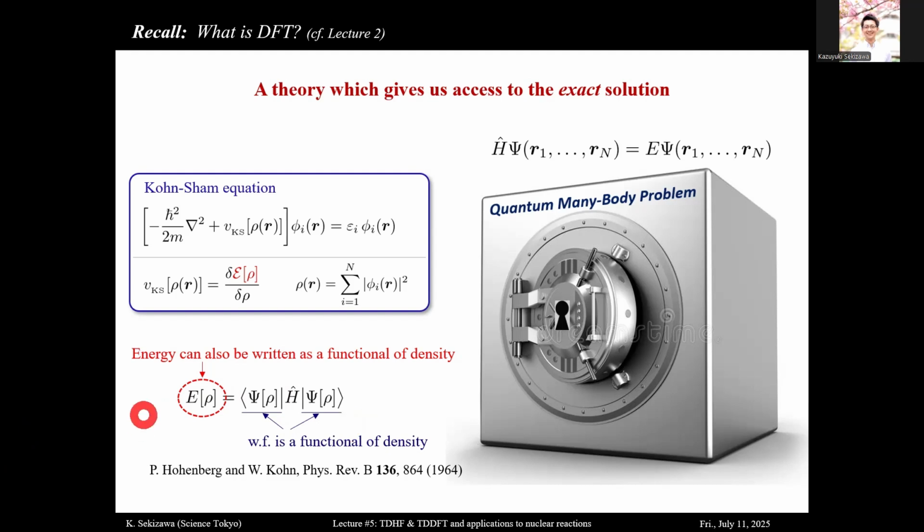And if this functional exists, this potential can generate a solution of this equation, and one can get the ground state energy and one-body density of the many-body Schrödinger equation, the exact solution. Okay. So this energy density functional, EDF, is the key to open this box.